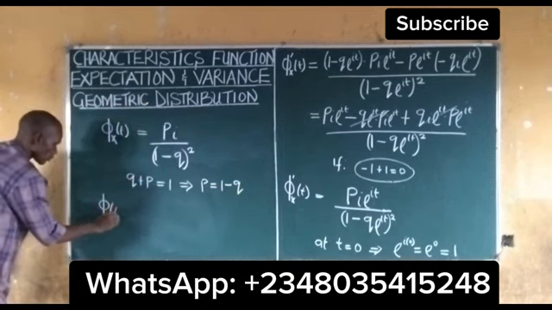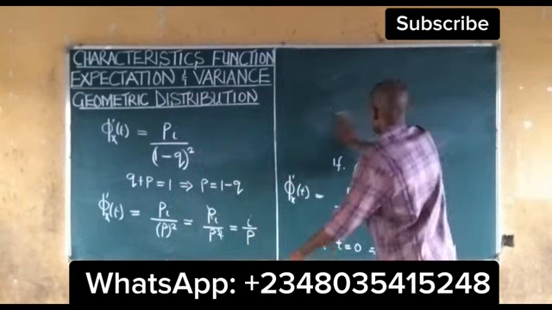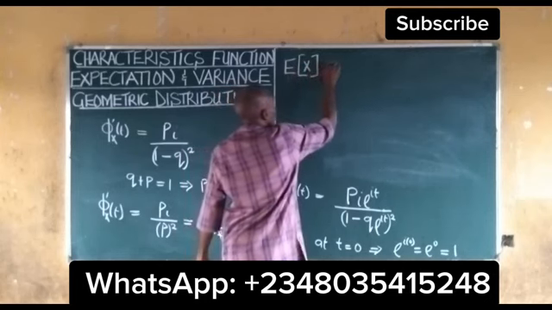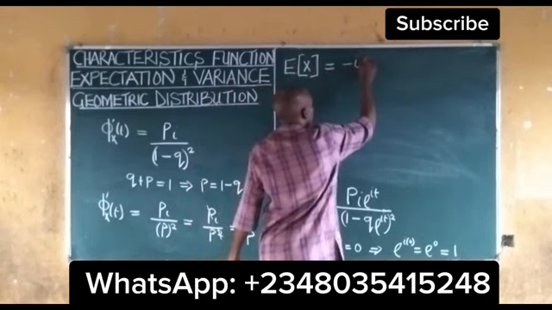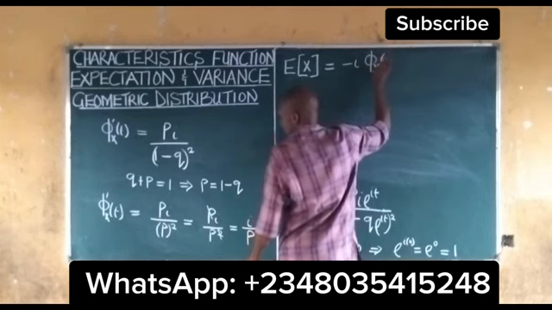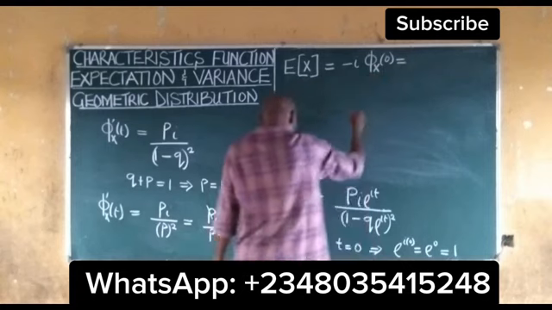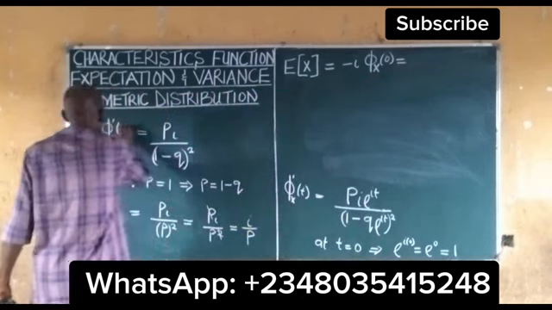So we can now write the expected value of x, which is equal to negative i times the derivative of the characteristic function at t equal to 0.